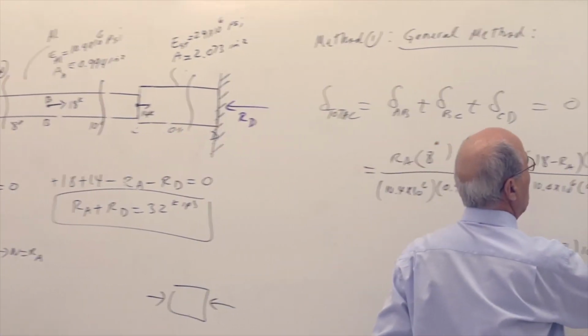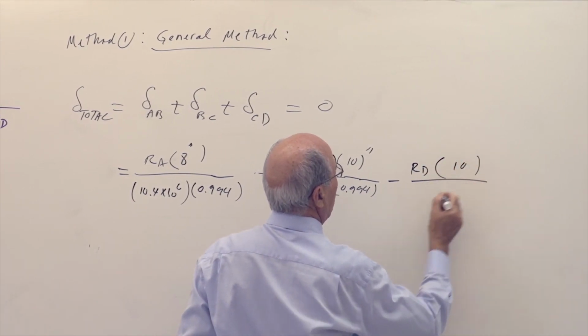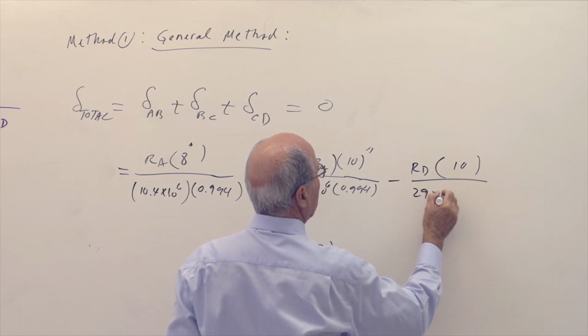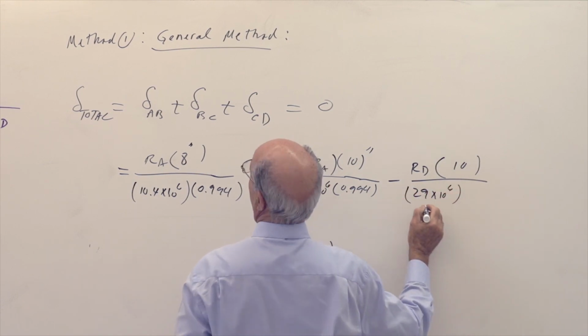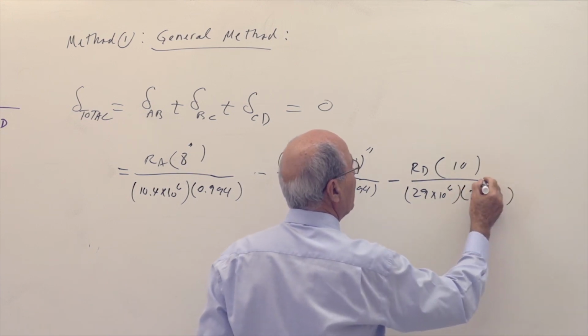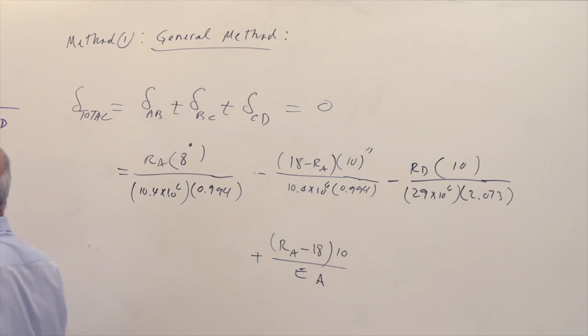So I have to put here minus RD times length is 10 divided by E of the steel, which is 29 times 10 to the power of 6, multiplied by 2.073, because this is the larger area, etc. Of course, what is RD equal to? Remember the equation we had?